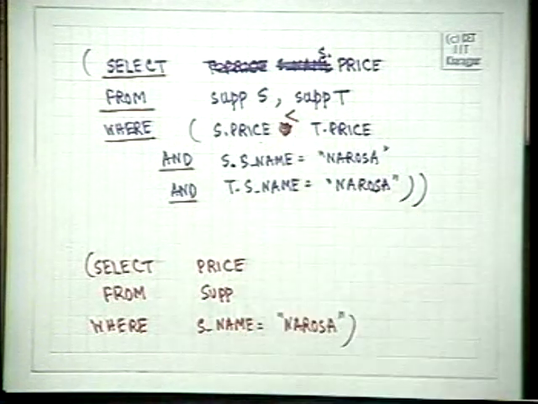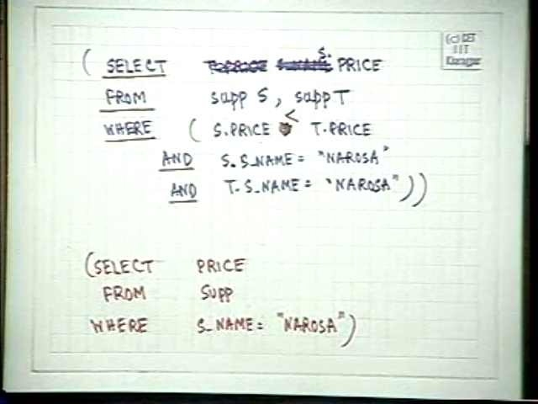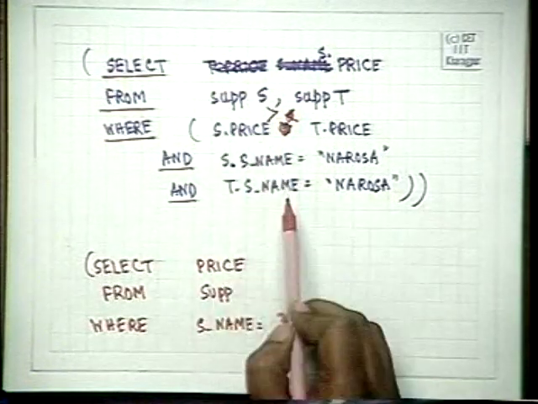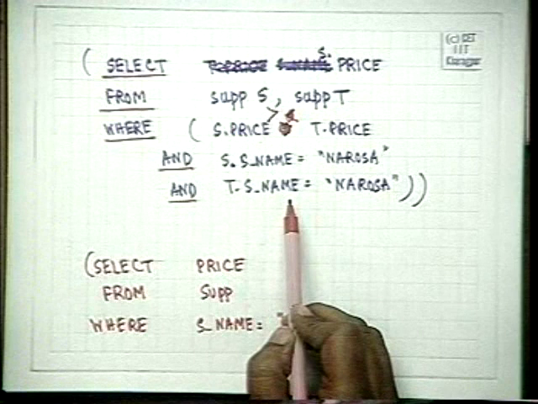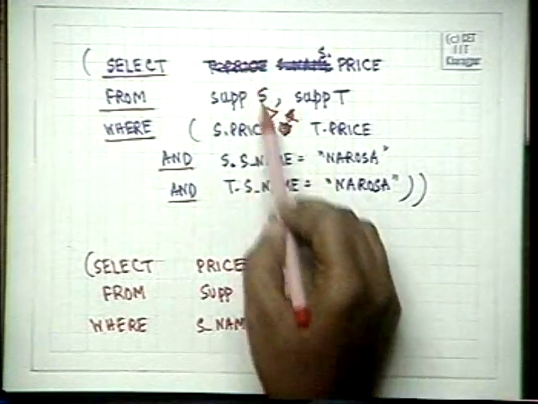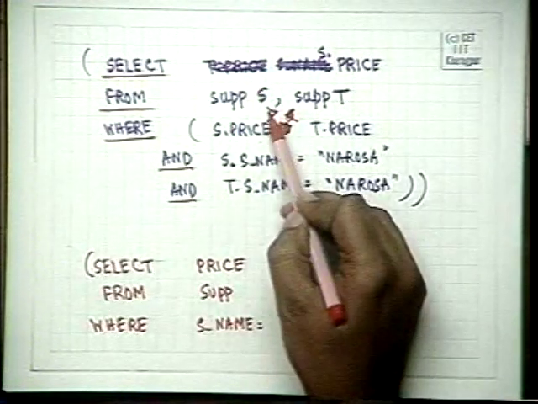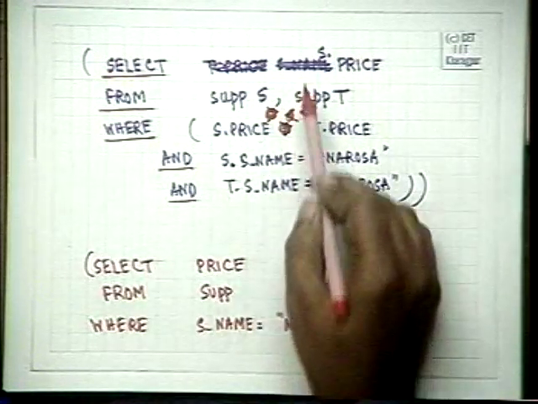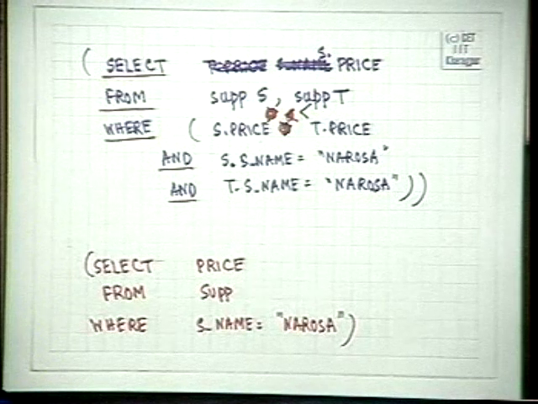And what does this give you? No, no. This one will give you all prices except the smallest. This one will give you all prices except the largest. You do this minus this. You will get it. This is pure relational algebra style.